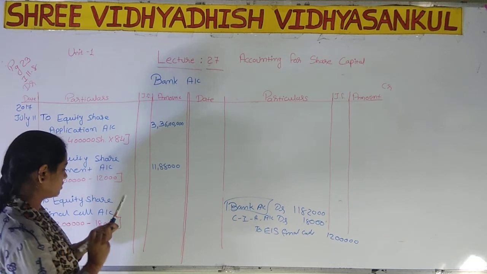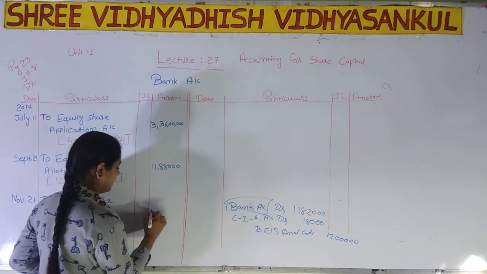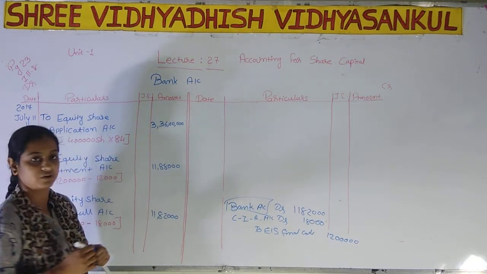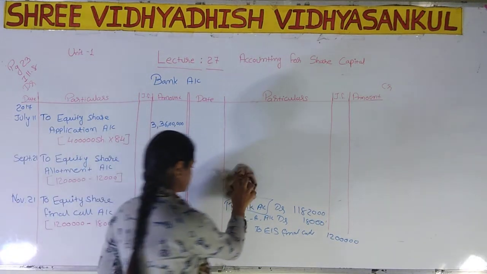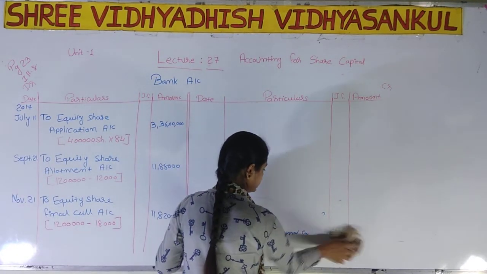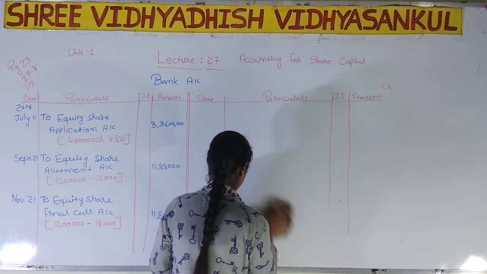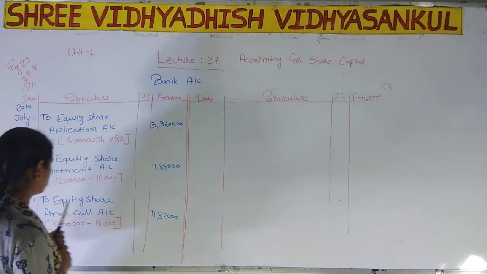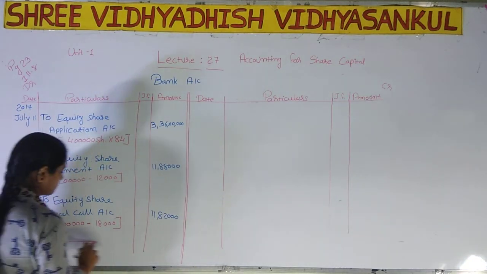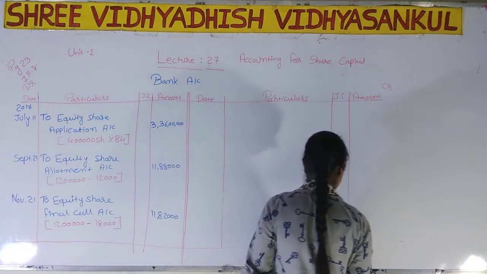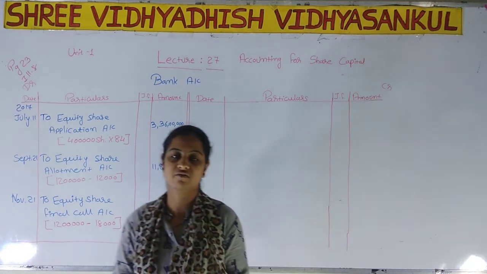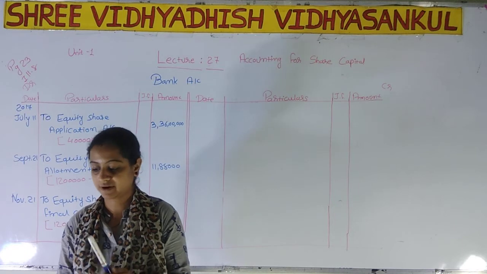That means total we have received 11,82,000 rupees, right? So with this we have completed bank account, and here no need to close the bank account. That's why we'll make only one underline, right? Or else we have to do the total and find the carry forward amount, right?